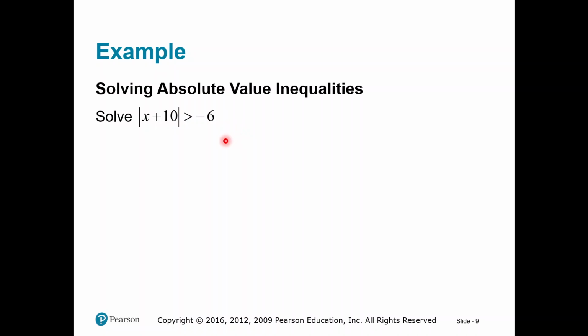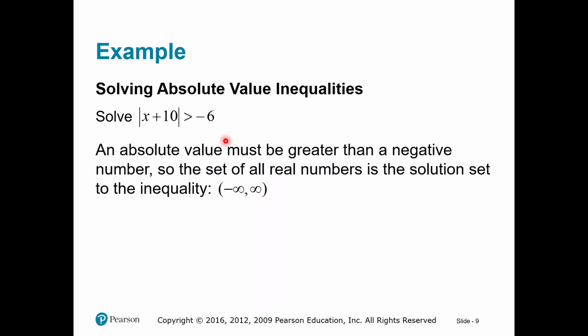Which is true. It is true that a positive number is always bigger than a negative. So therefore it is true, and we have all real numbers as the solution for this, which is from negative infinity all the way to positive infinity.